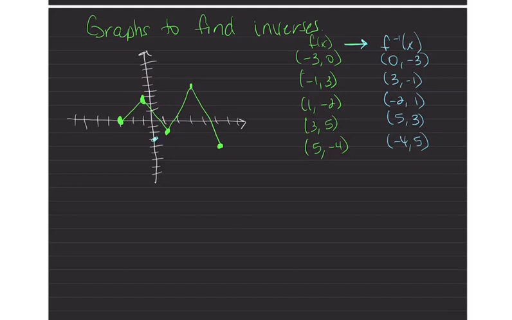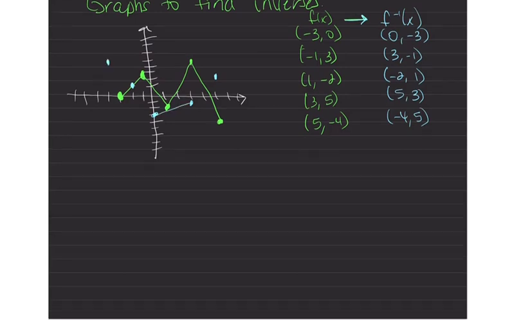So I have a 0, -3, 1, 2, 3, -1, -2, 1. And you can sing the points too, it helps a little bit. 1, 2, 3, 4, 5, 5, 3, 1, 2, 3. And -4, 1, 2, 3, 4, 5. There we go.